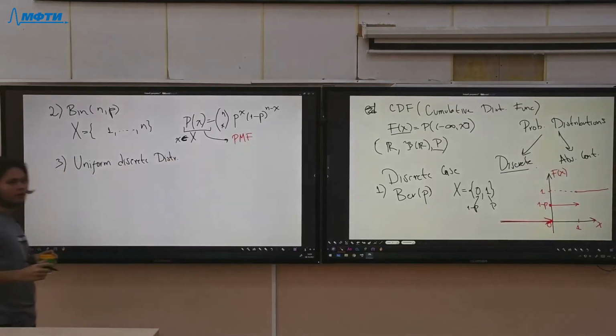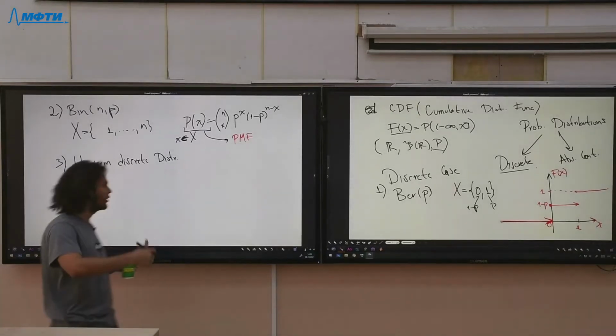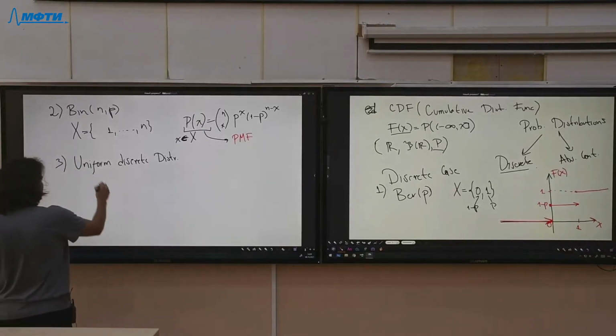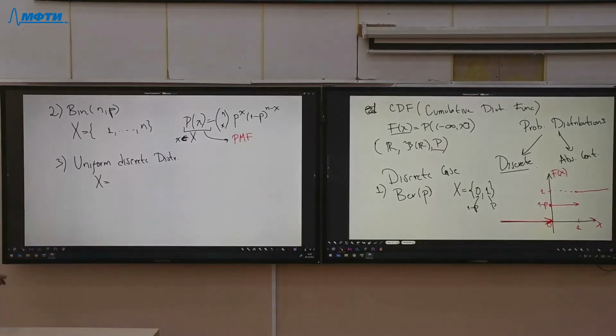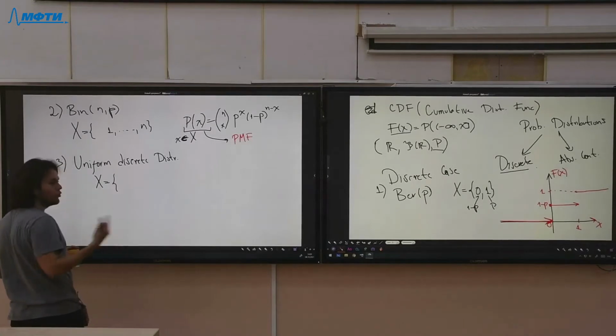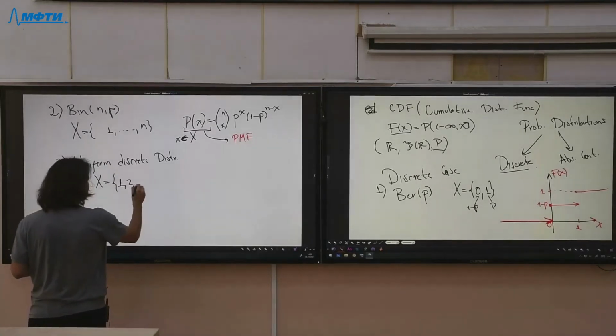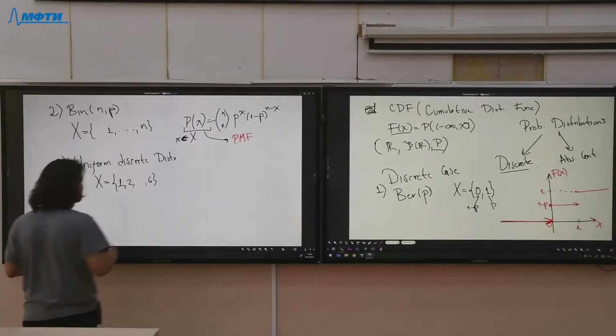Okay, so in this case we have, for example, when we draw a die, so we have 6 options and the probability of getting each number is the same. So for example, X is just some finite set. I don't know, for example, when we draw a die, right? So 1, 2, 6, for example, right?